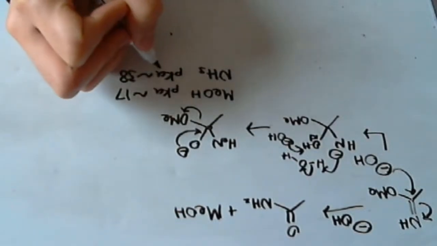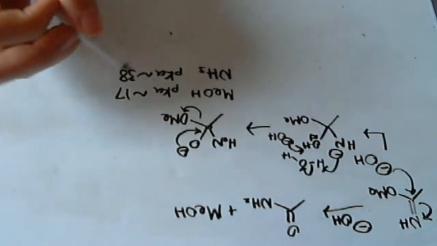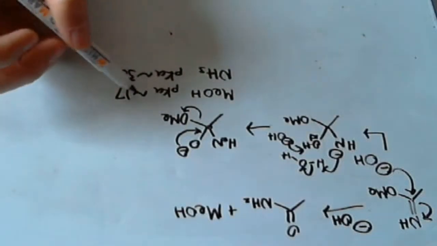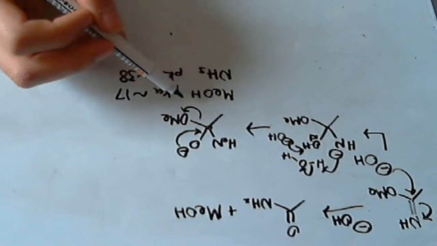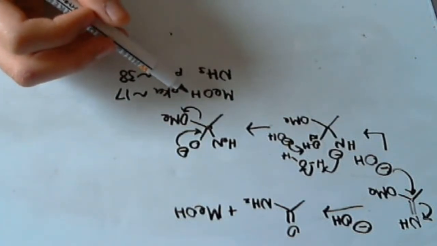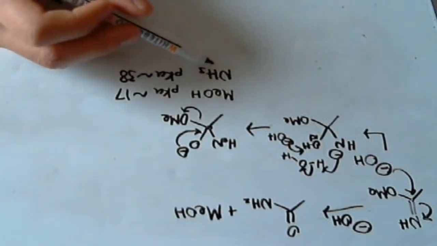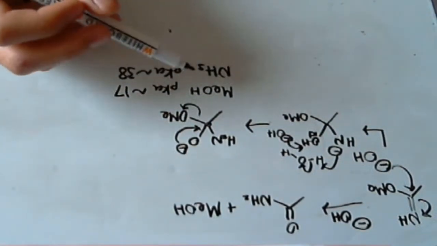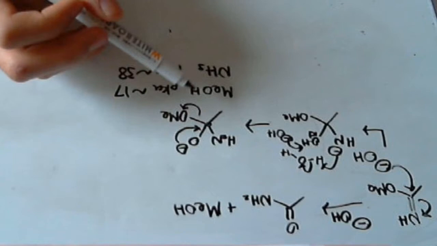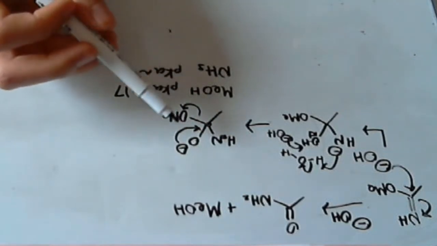So these are pKa's, right? And so what is this telling you? This is telling you that the methoxy group, MeO-, is much more stable in solution than NH2-, right? So which group is going to get eliminated is the one that's most stable by itself.